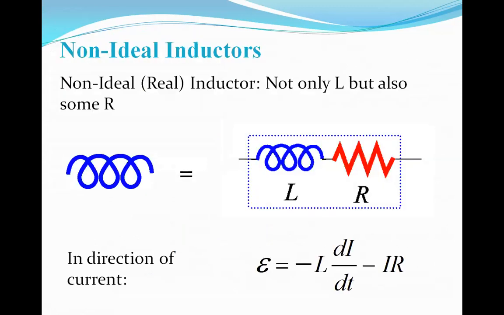Non-ideal inductor: not only L but also some R. As we were saying that the inductance opposes, it means the inductance will have its own internal resistance, right? Like an EMF has its own internal resistance, and it will be treated as in series with the EMF. The internal resistance of the EMF is normally denoted by a small r. So a non-ideal inductor is one which will also have resistance values.